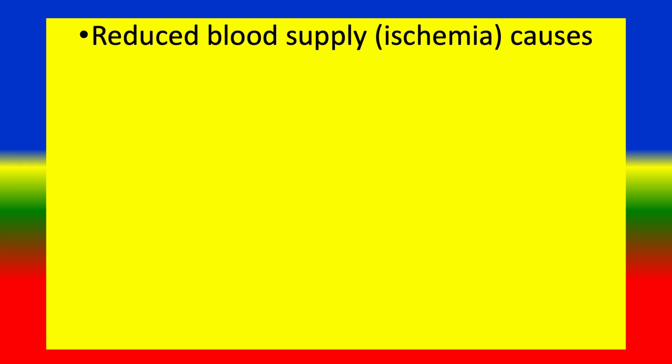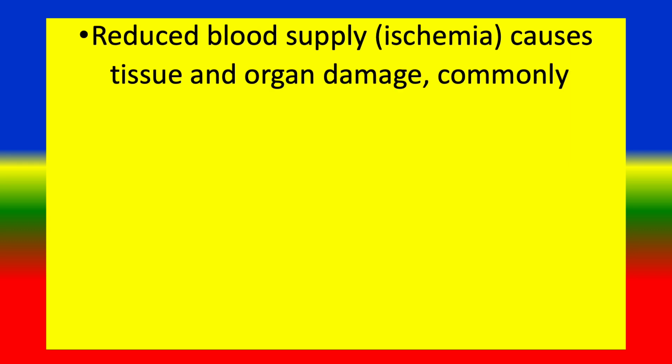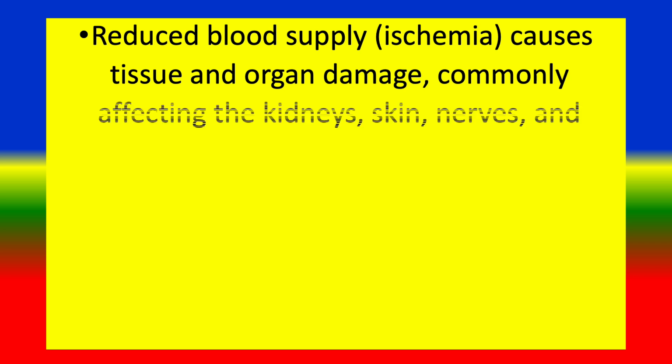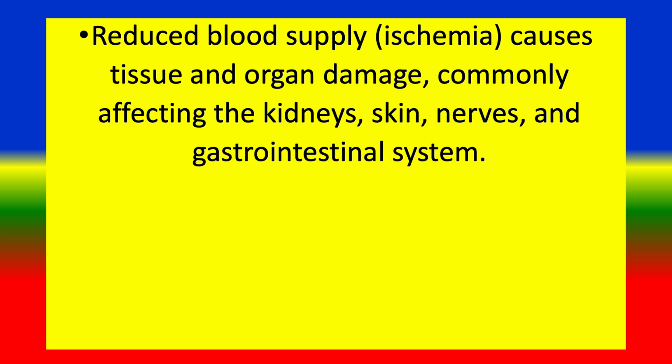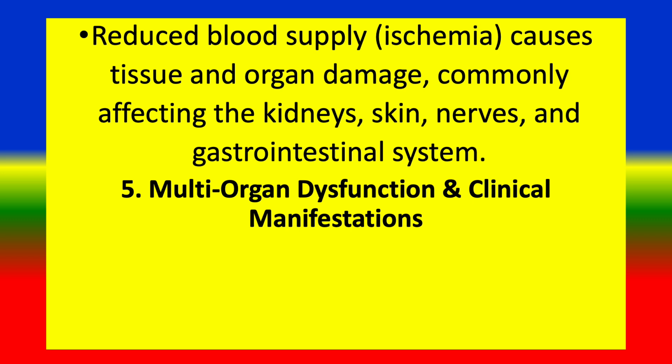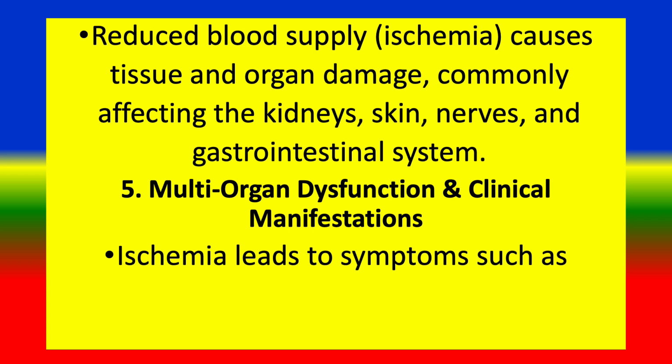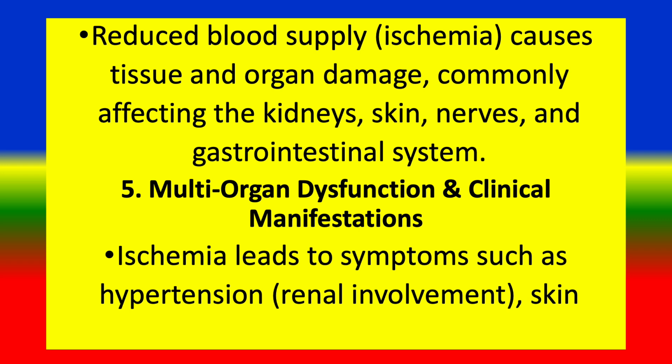Reduced blood supply, ischemia, causes tissue and organ damage, commonly affecting the kidneys, skin, nerves, and gastrointestinal system. 5. Multi-organ dysfunction and clinical manifestations. Ischemia leads to symptoms such as hypertension, renal involvement, skin ulcers or purpura.